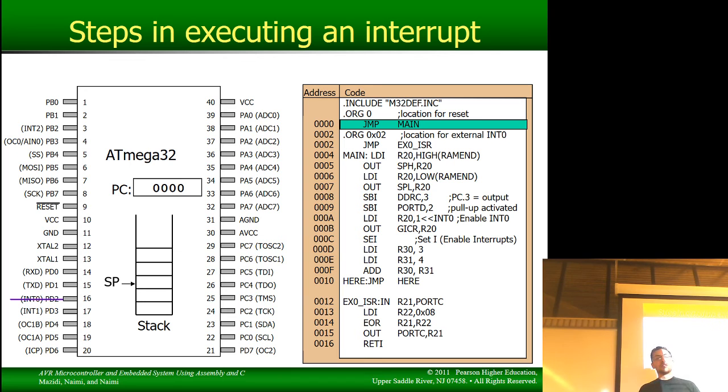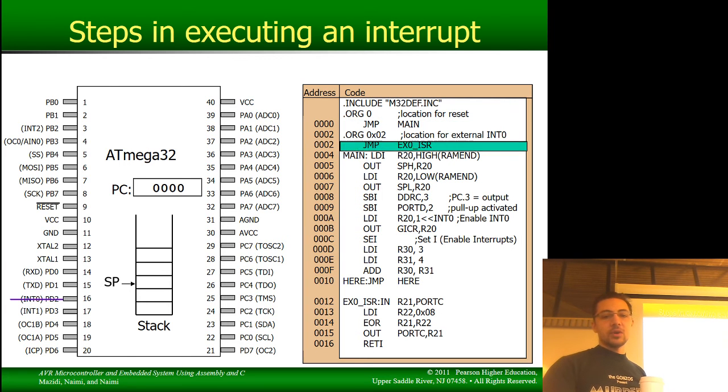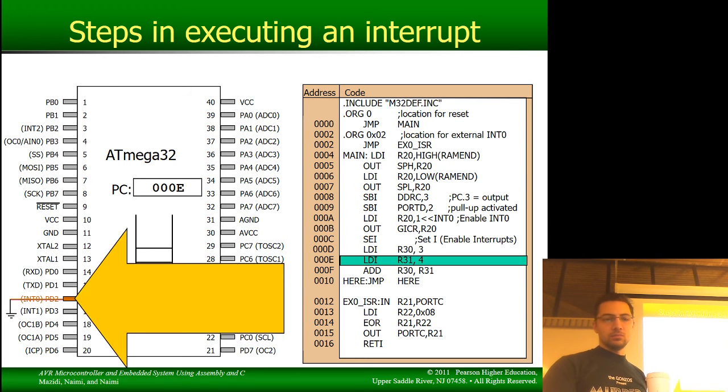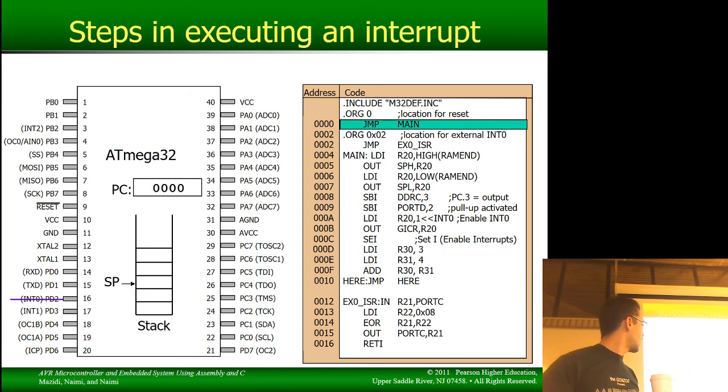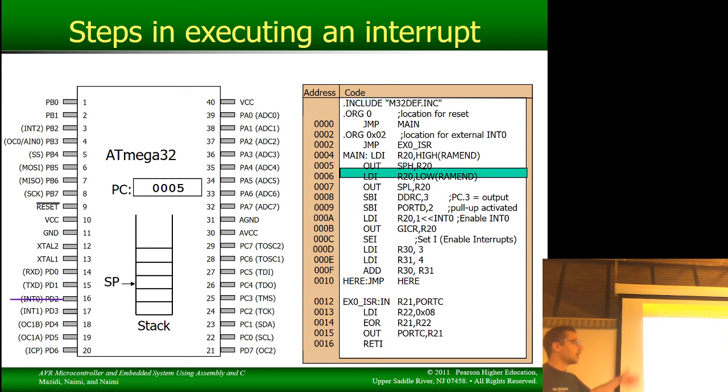Address 2 is the location for another interrupt. This is our newest interrupt. It's called int0. Int0 just says something has changed on the int0 pin. So this is the ATmega32, and there's the int0 pin. It's also pin D2. As we run this, it's going through and it's running this whole thing.